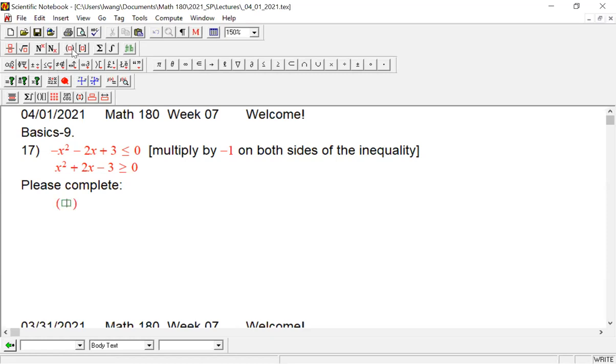So this is going to be x plus 3 multiplied by x minus 1. It doesn't matter which order you put it in; I'm just going to put it in this order.